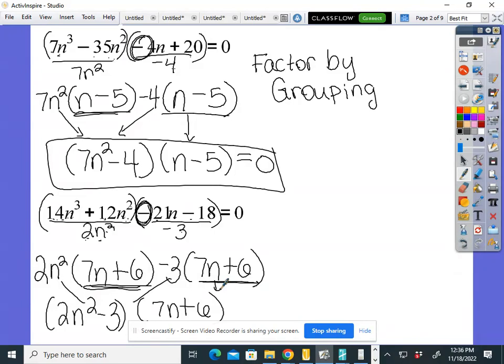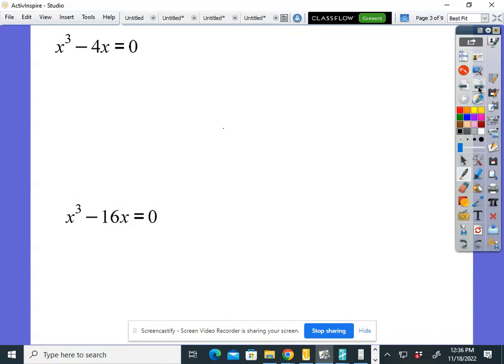Let's try another. Okay, so these, again, we just take out the greatest common factor, which in this case is x.